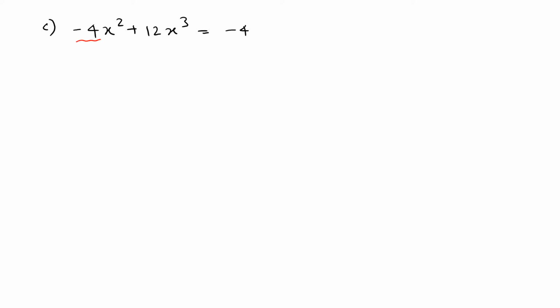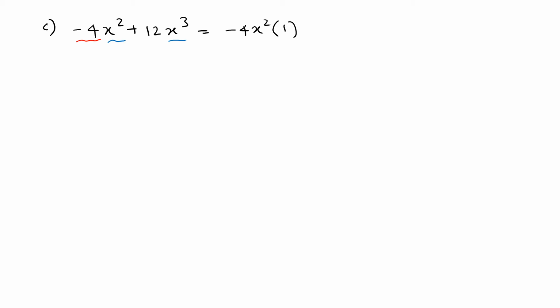In terms of variable, one has x squared and the other has x cubed, so you can pull out x squared, the common term. Once you do that, from the first one you're going to get 1 as a factor left here.